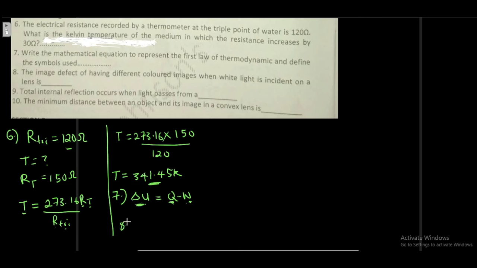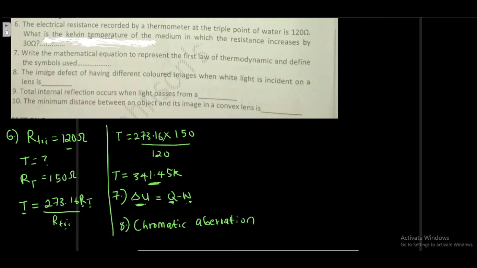Now moving on, we have question 8. It says the image defect of having different colored images when white light is incident on a lens is known as chromatic aberration.